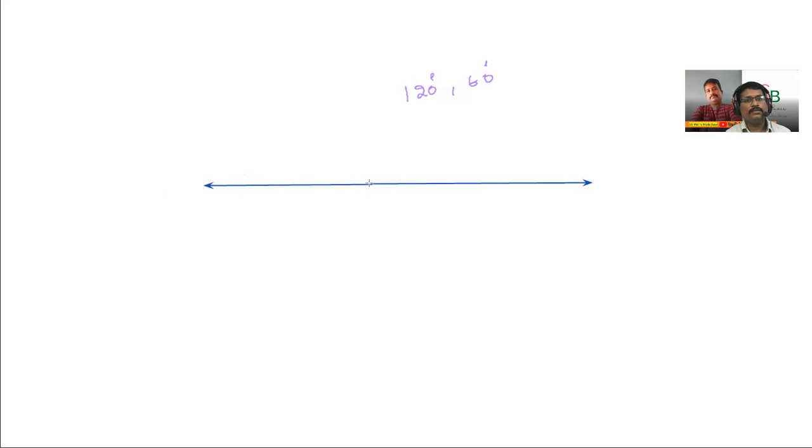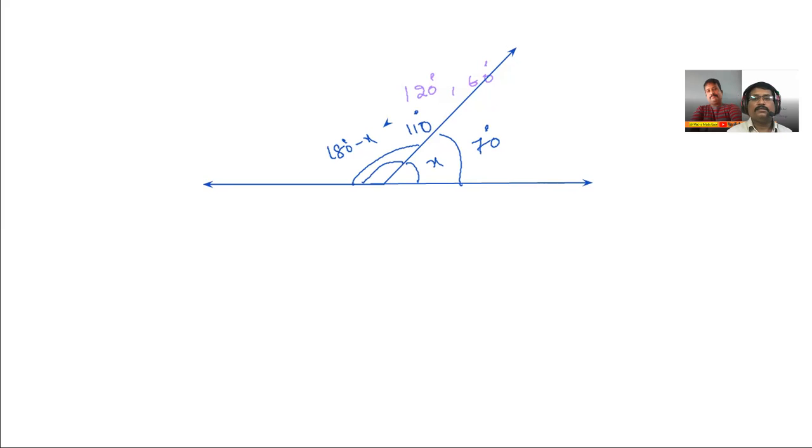So this is nothing but supplementary angles, okay, Rana? When I took this, if this is x, then automatically this is 180 minus x. If this is 70, automatically this is 110. Am I right? So like this, if two angles sum is 180 degrees, then we call them supplementary angles.